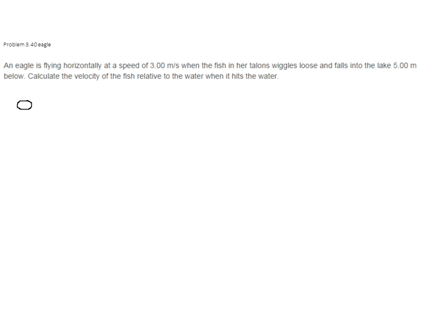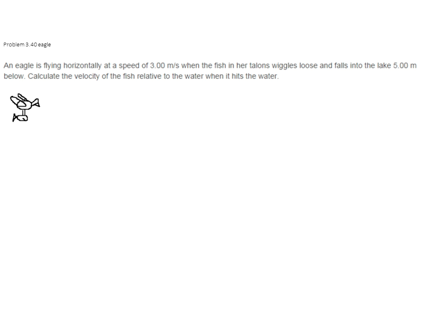So we've got our bird, and it's carrying the fish. Fish isn't looking too happy.